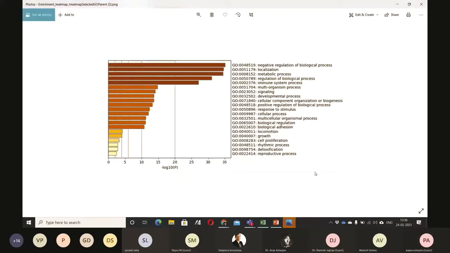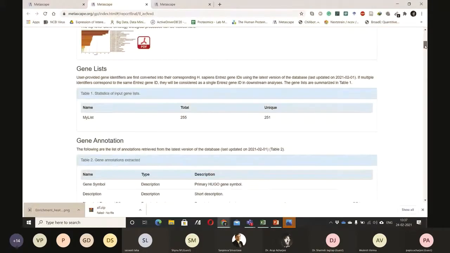In the heat map you would see the biological processes that are most upregulated in COVID positive patients: negative regulation of biological process, localization, metabolic process, regulation of biological process, immune system process, multi-organism processes. Which basically means there was an infection, and it's not coming from a single organism. So these are the pathways that the software is predicting got upregulated.